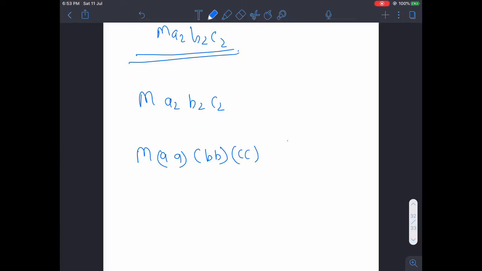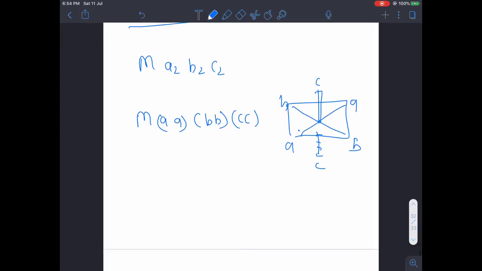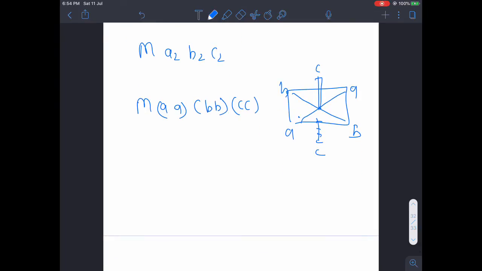What does it mean? I want to arrange like this: along one line A and A, another line B and B, and another line which is perpendicular to this one, that is C and C. Now you can see it is trans with respect to A, trans with respect to B, and trans with respect to C also. So trans with respect to all of them.